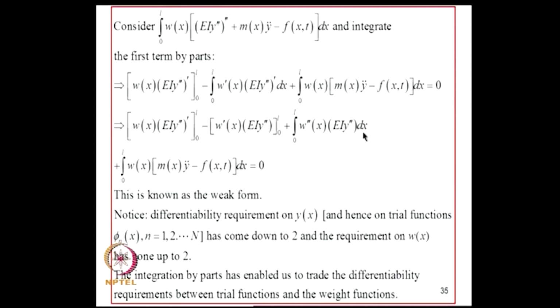By integrating by parts we have achieved a trade-off in the differentiability requirement on trial functions and weight functions. We will make these comments: the differentiability requirement on y of x, and hence on the trial functions, has come down to 2, and the requirement on w of x has gone up to 2. The integration by parts has enabled us to trade the differentiability requirements between trial functions and the weight functions.